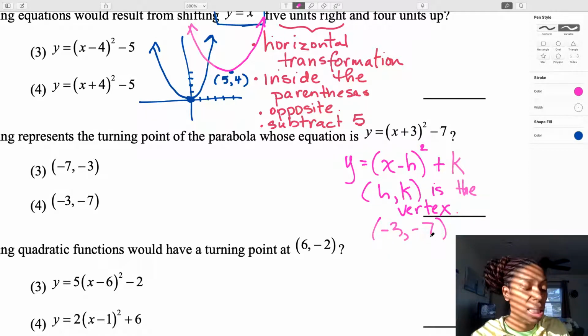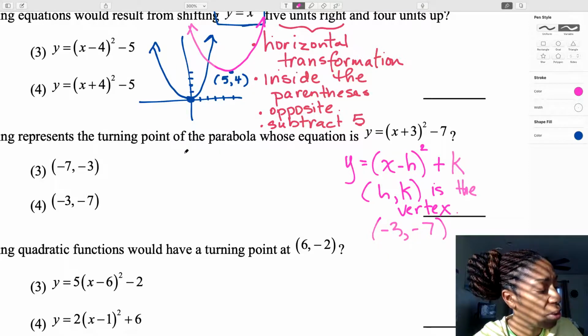And it makes sense. This says +3, so it means that the parabola was shifted to the left 3 units. And this is -7 outside the parentheses. That means the parabola was shifted down 7 units.